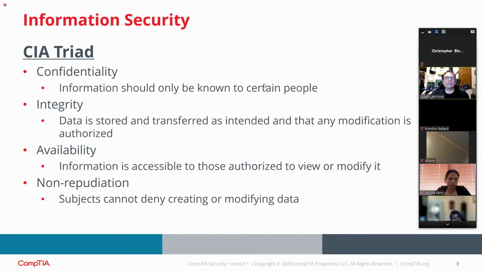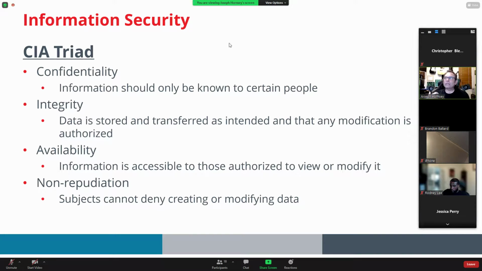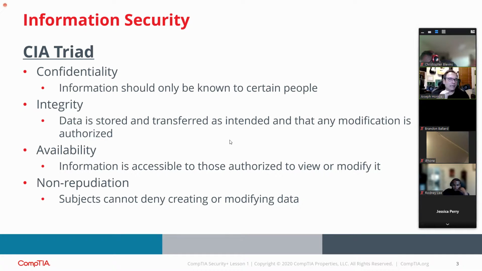The other part of integrity is that when that data got sent to me, it arrived intact and unchanged. Data should not have any kind of modification or change to it without the appropriate authorization. Okay, so if, again, using Carlos as an example, he sends me an email, how do I know for sure that the contents of the message was not somehow changed in between where he sent it and I received it?